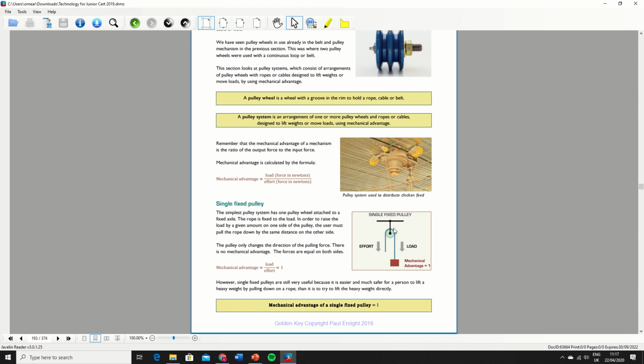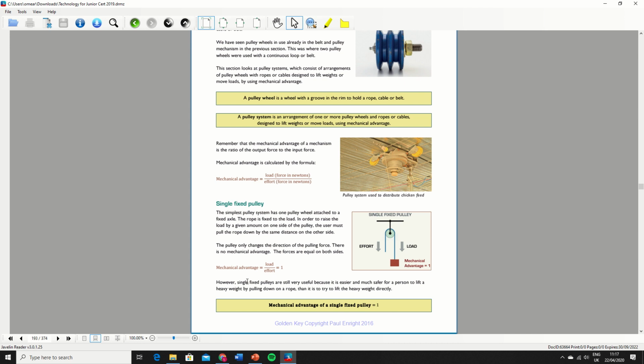If you want to move this 2 meters up, you have to pull this down 2 meters. So the pulley only changes the direction of the pulling force. There is no mechanical advantage, so the forces are equal on both sides. That means the mechanical advantage is just 1, okay?